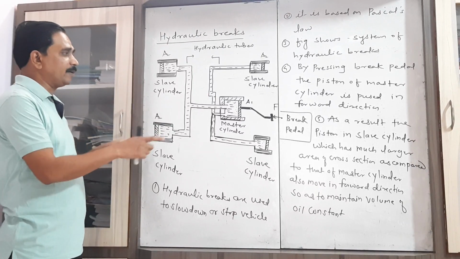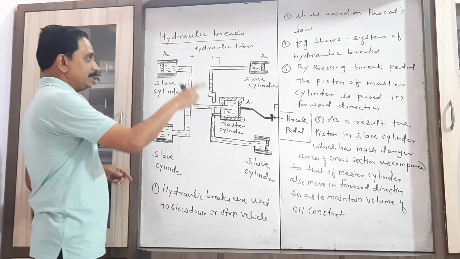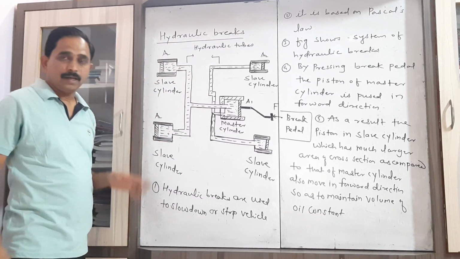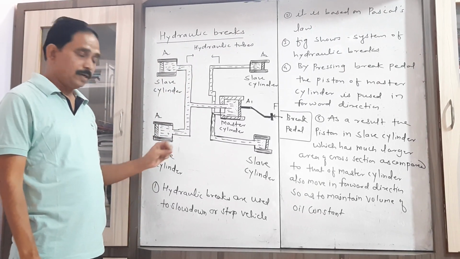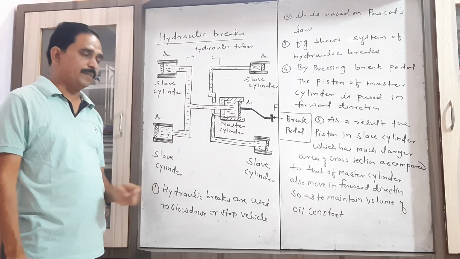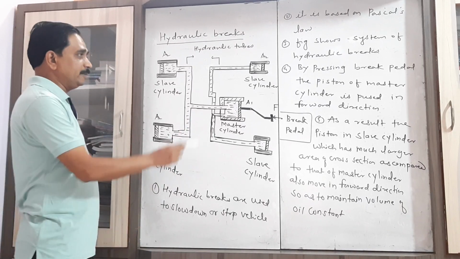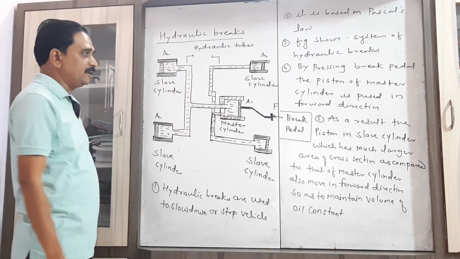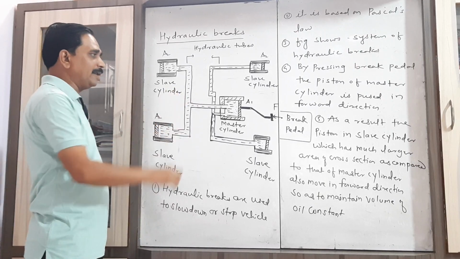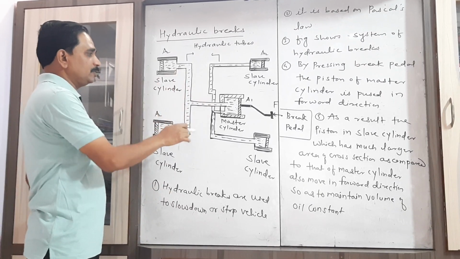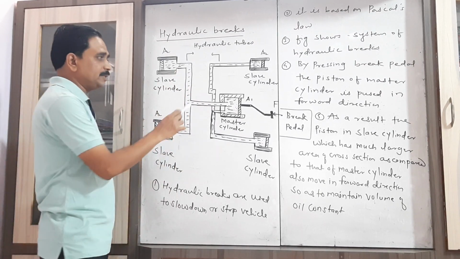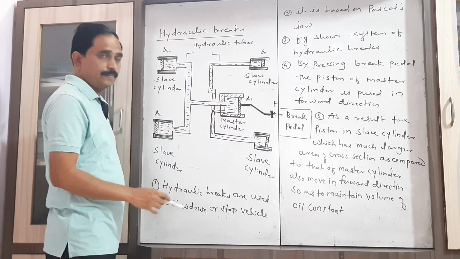The system of a hydraulic brake is as shown in this diagram. It consists of the important part, the master cylinder, and the four slave cylinders that are interconnected as shown in this figure. Every cylinder has a piston.